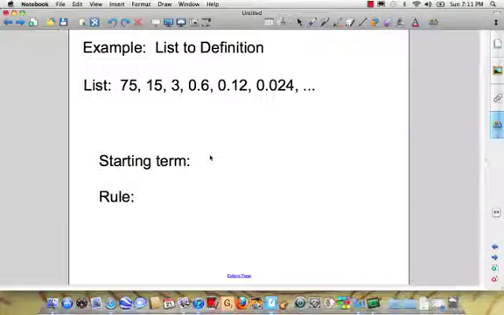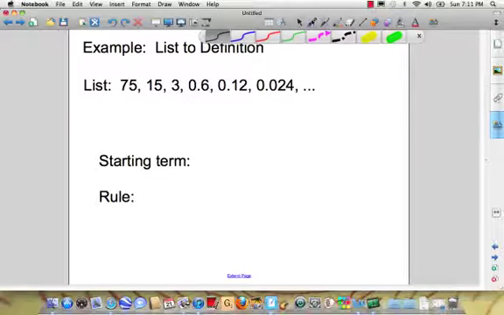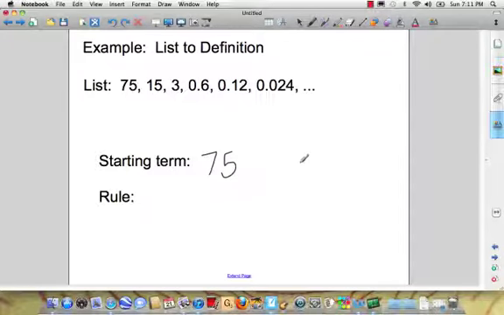But I do know the starting term, right? The starting term is clearly 75. Okay, and then the way we would express that with symbols is to say U1 equals 75. Okay, now the rule. Well, it's not about adding or subtracting a certain amount, so perhaps it's geometric.